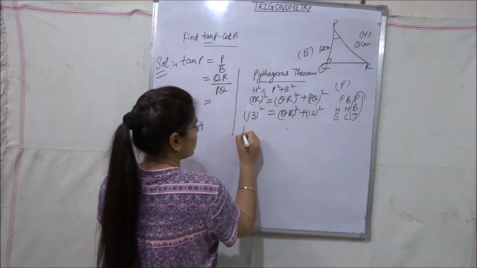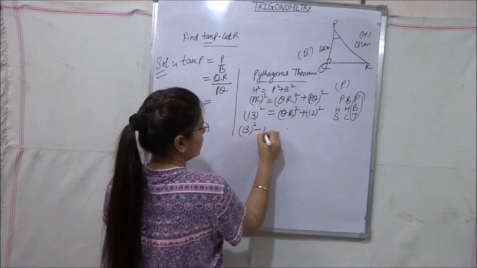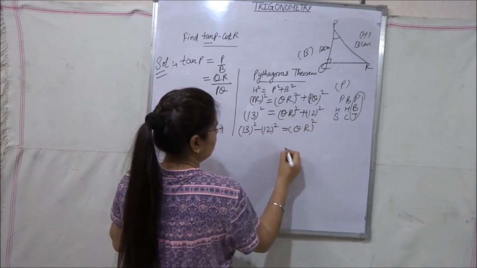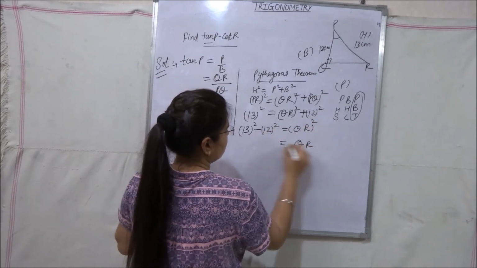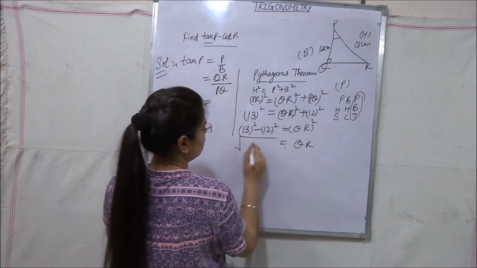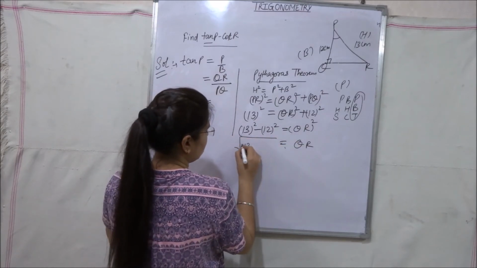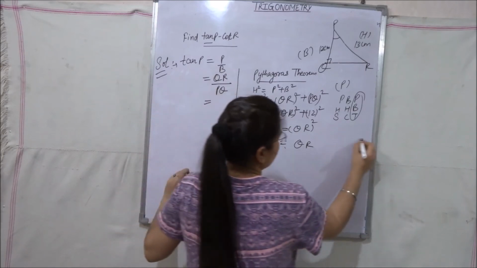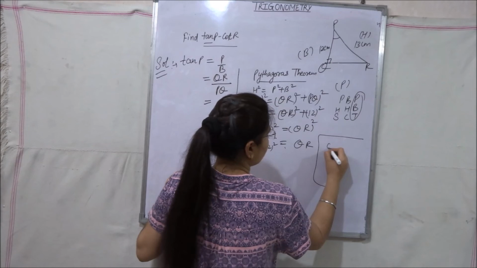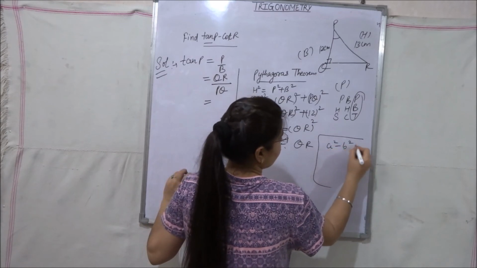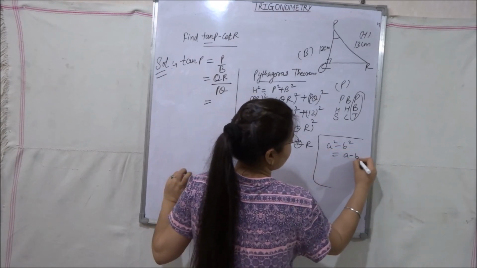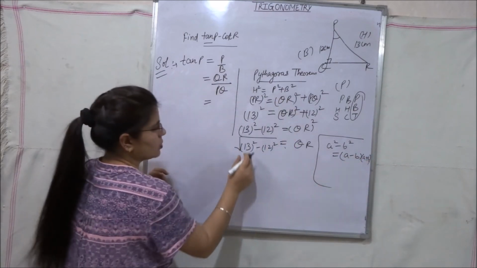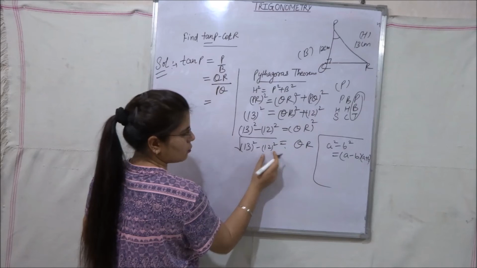Now taking 12 square to the left hand side. Taking under root on both sides, 13 square minus 12 square. Now we will use the identity of lower classes of algebra, that A square minus B square is equal to A minus B multiplied by A plus B. So here A is 13 and B is 12.